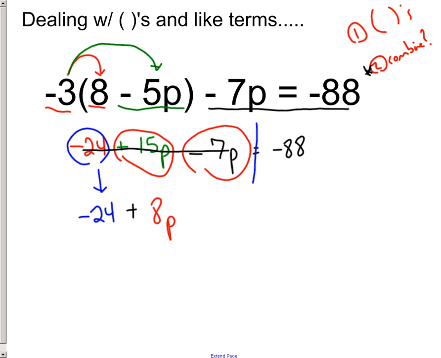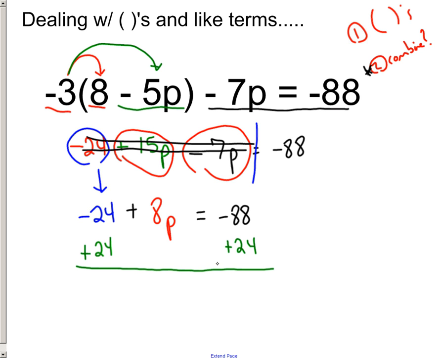So all of this has been dealt with. I drop down my equal sign, and I drop down negative 88, and now because I've distributed and combined, I've got a two-step equation. There we go. P would equal negative 8.